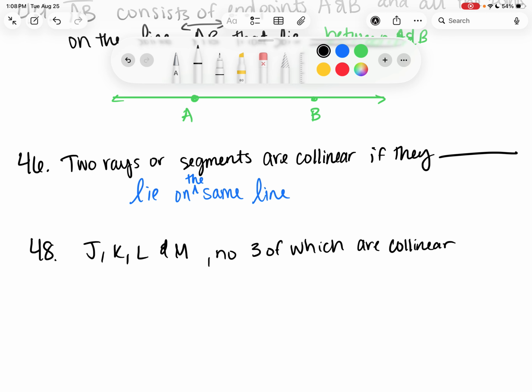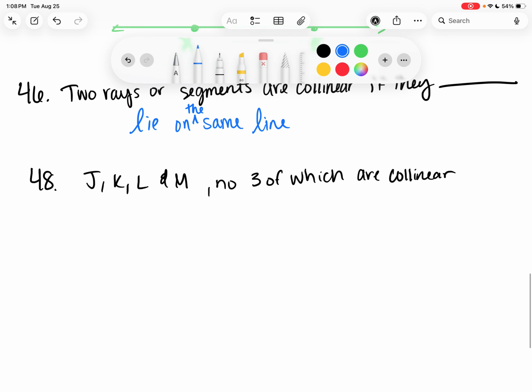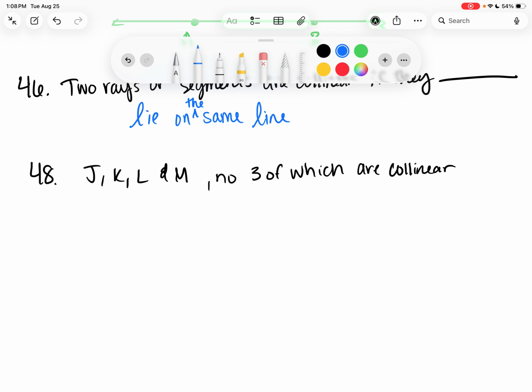So what do you think that means about how I need to draw my points? How would you lay that out? Do one on the line and then have another line or ray come off. Well, I should be clear.